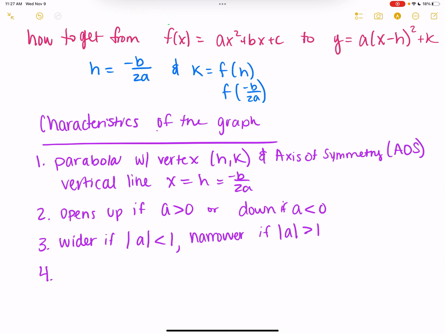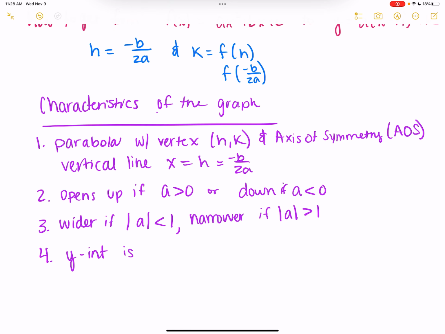For the y-intercept, because typically when I graph, I'm looking for the vertex, axis of symmetry, and then I'm trying to find the y-intercept, and thus able to find the other point on it because of the shape of it. Whatever you do to one side, the same point on the other side, that far from the axis of symmetry, exists, and so you can graph it with just those few things.